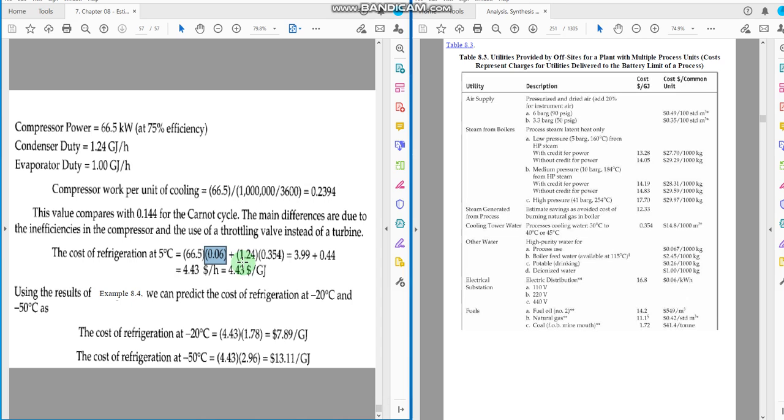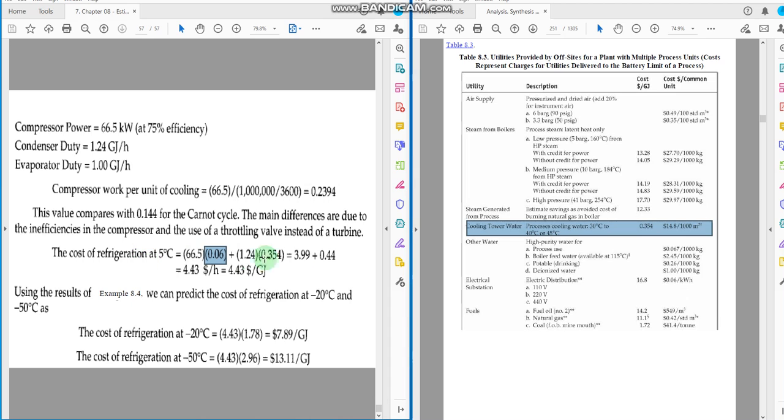Then 1.24 is basically the condenser duty, and this you multiply by the cooling water cost. You search for the cooling water in the table: the cooling tower water comes out to be 0.354. So you multiply that here.